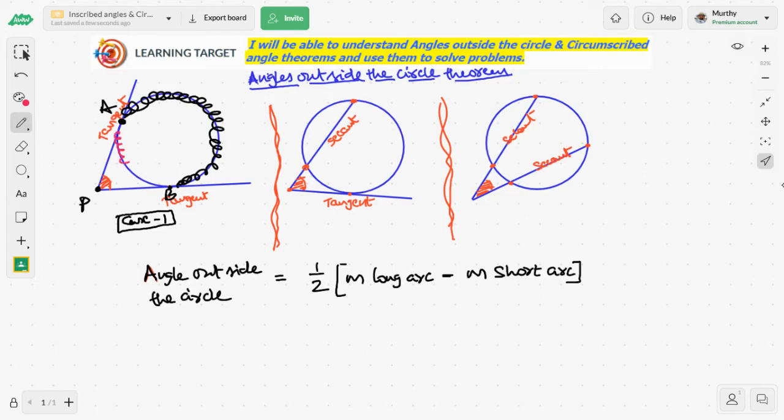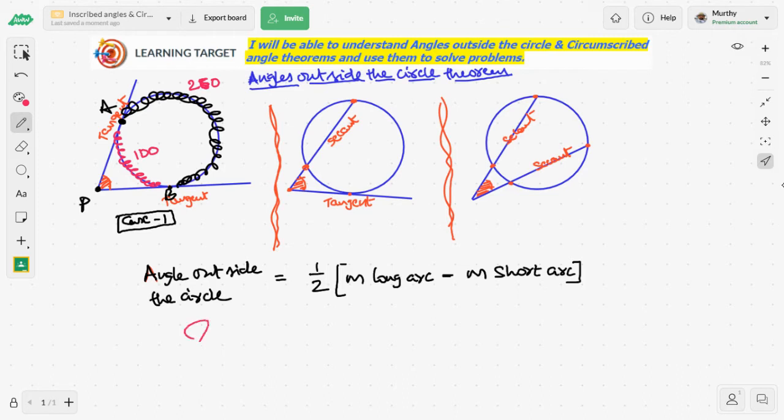Yes, this is the short arc, right? For example, let's say this is given some 250 degrees. Let me change the numbers. Let's say that this is 260 and the short arc is 100.